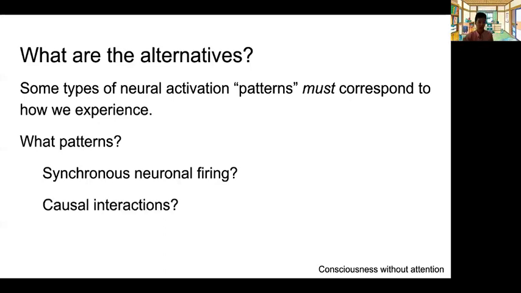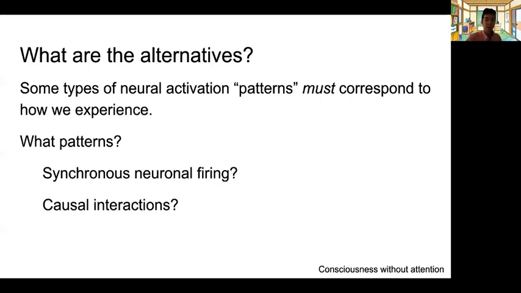Or the causal interactions. Neurons are connected to each other, and it forms a very complex network. If the interaction achieves some type of causal interactions, then that leads to a particular type of conscious experience. And the latter is much closer to what I've been thinking about.